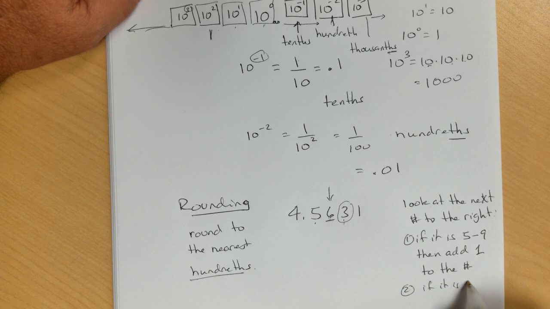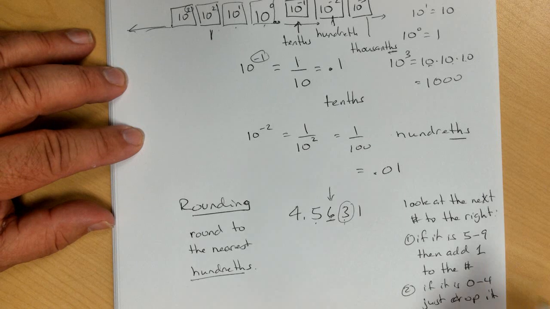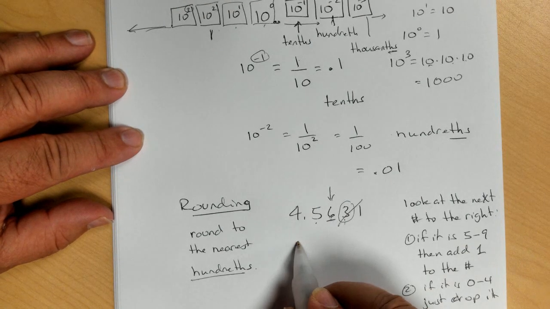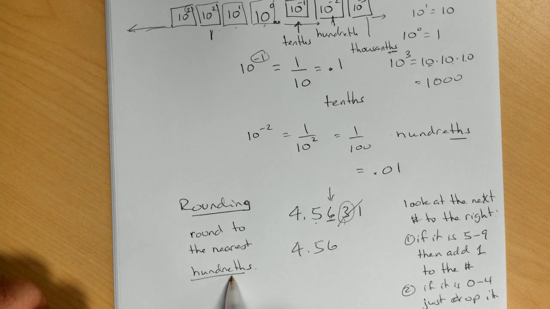If it is between 0 and 4, just drop it. So your number is 4.56. I rounded it to the hundredths.